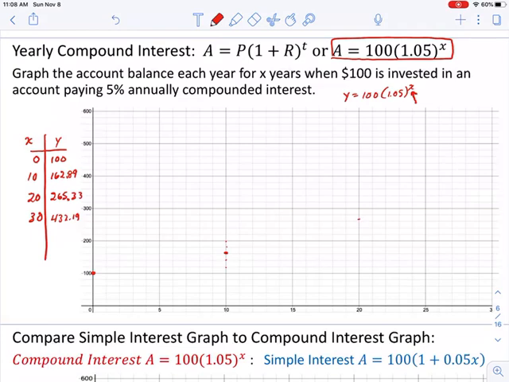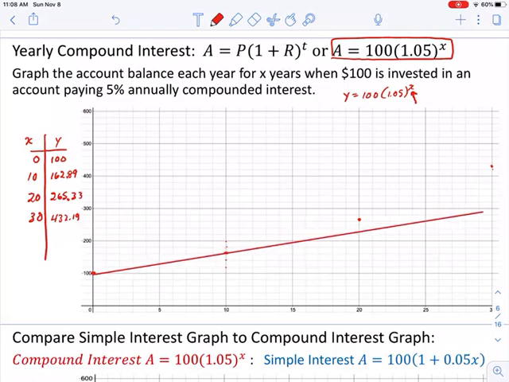And 30, 432, about right there. Now, question, are these points in a straight line?